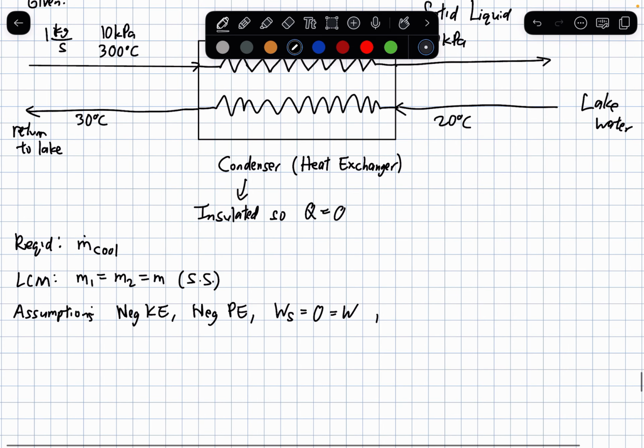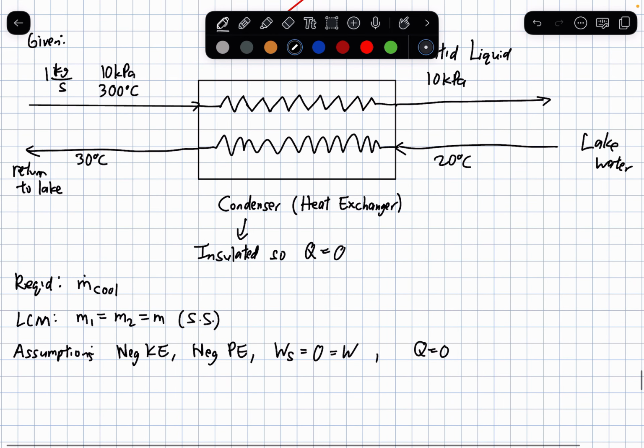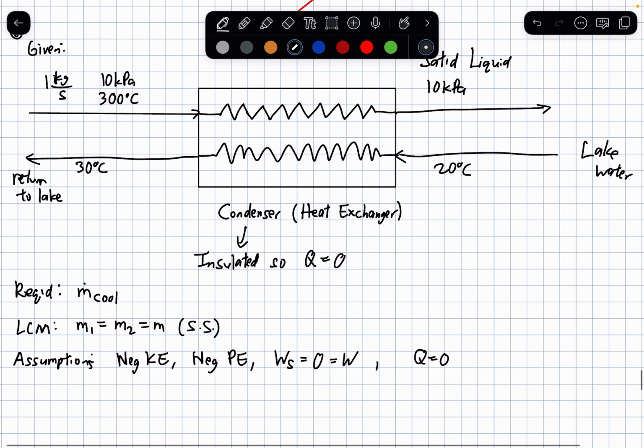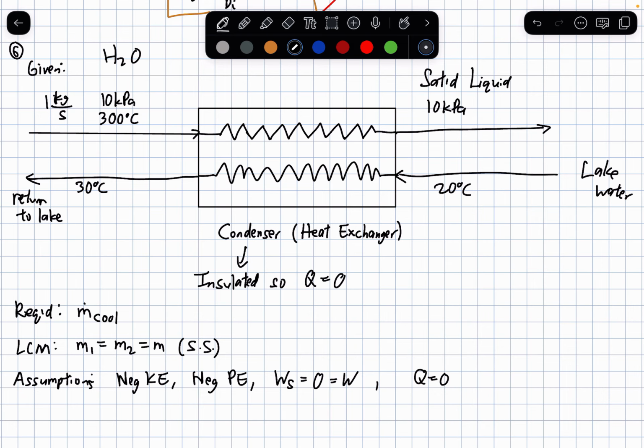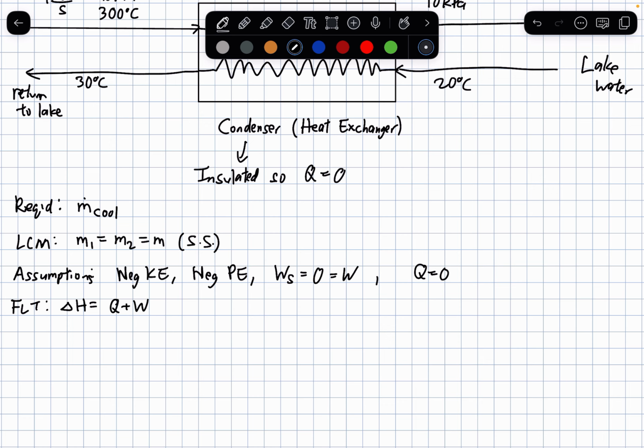Q is 0 at the adiabatic condition. What is our substance? Water, no? Energy balance, delta H is Q plus W.